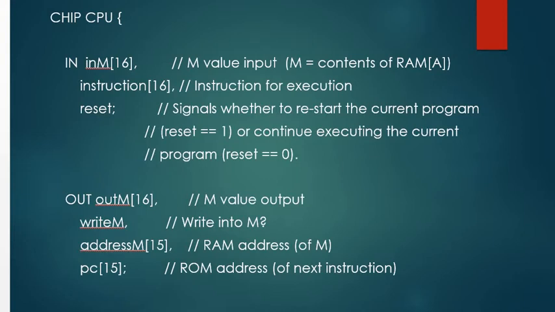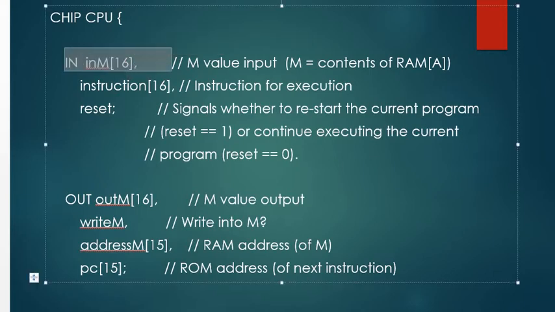The input pins of the CPU will be 16-bit inM, 16-bit instruction and reset, as illustrated in this code. 16-bit outM, writeM, 15-bit addressM and 15-bit PC will be on the CPU output pins.